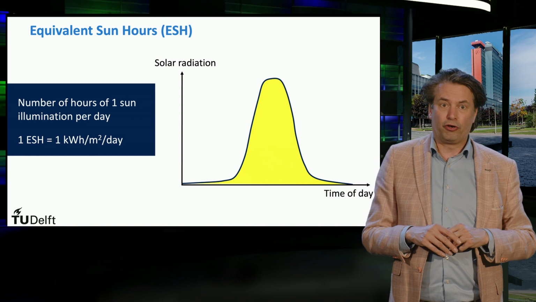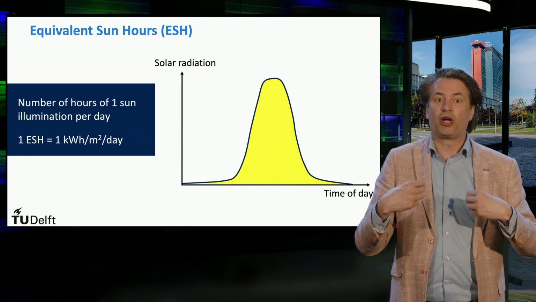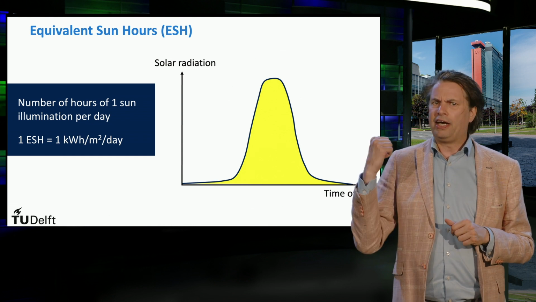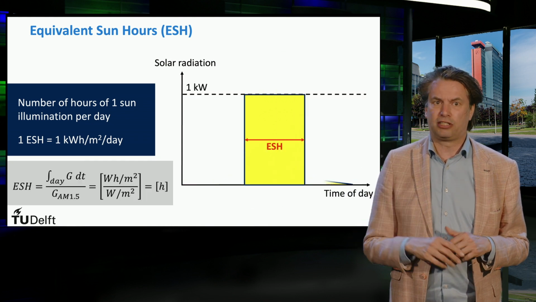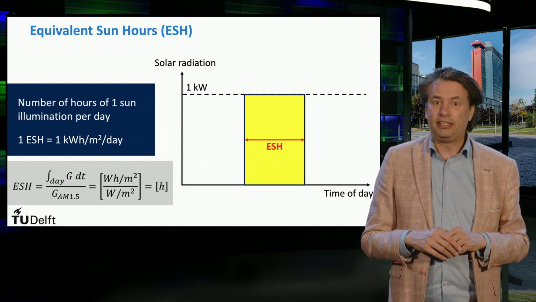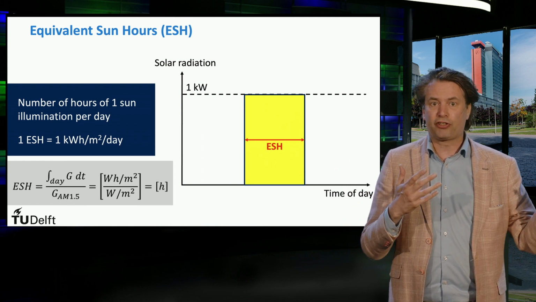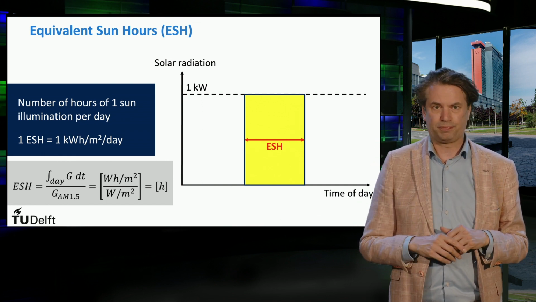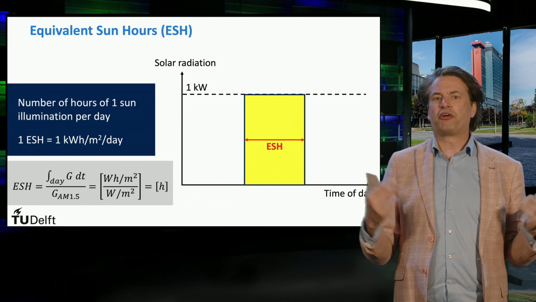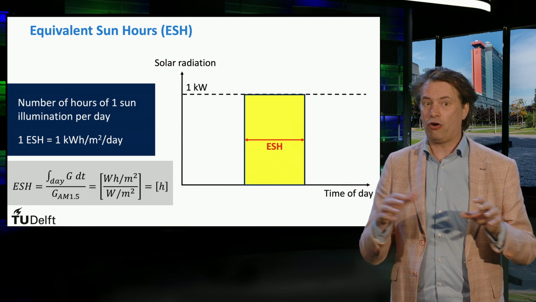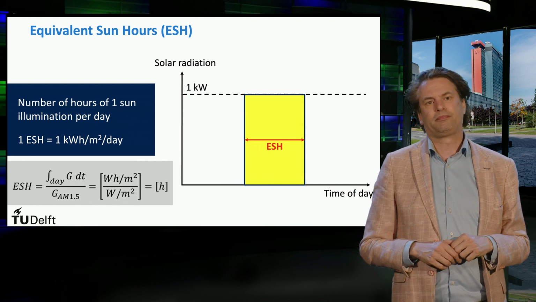In the graph we see the irradiance of the solar irradiation during one day. The area under the curve in yellow corresponds to the solar insolation, which is given in energy per unit area. In order to obtain the peak sun hour, the solar insolation has to be divided by the irradiance of the AM 1.5, which is 1000 watts per square meter, and the result is the number of hours. The corresponding graph of the irradiance has a rectangular shape that covers the same area as the other graph.